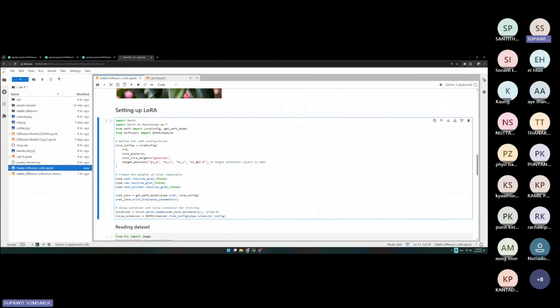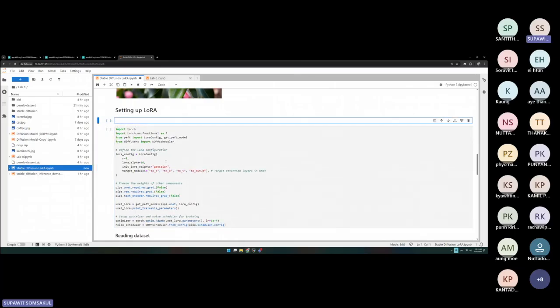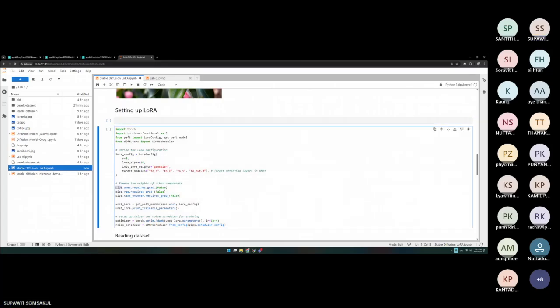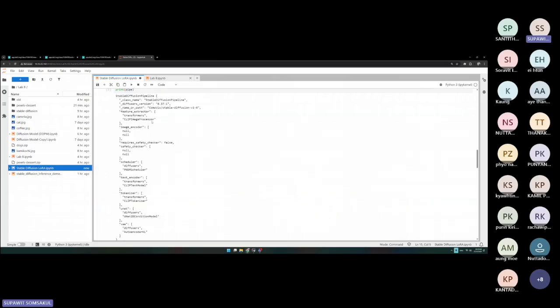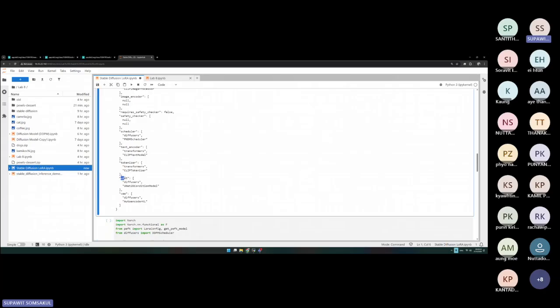So how do you get this? You just take a look inside the model that you are going to fine tune, which in this case is the model called pipe. If you just print out this model, you can see that it contains a lot of modules and submodules. We are going to target the modules inside the UNet here.